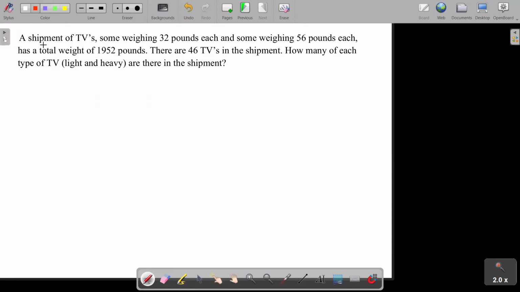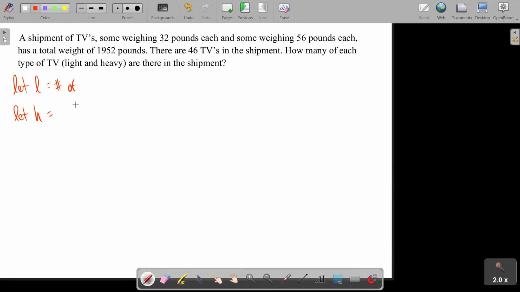Okay. So let's let L equal something and let's let H equal something. And what will those be, Riley? So number of TVs? Good. So let L equal the number of light TVs.